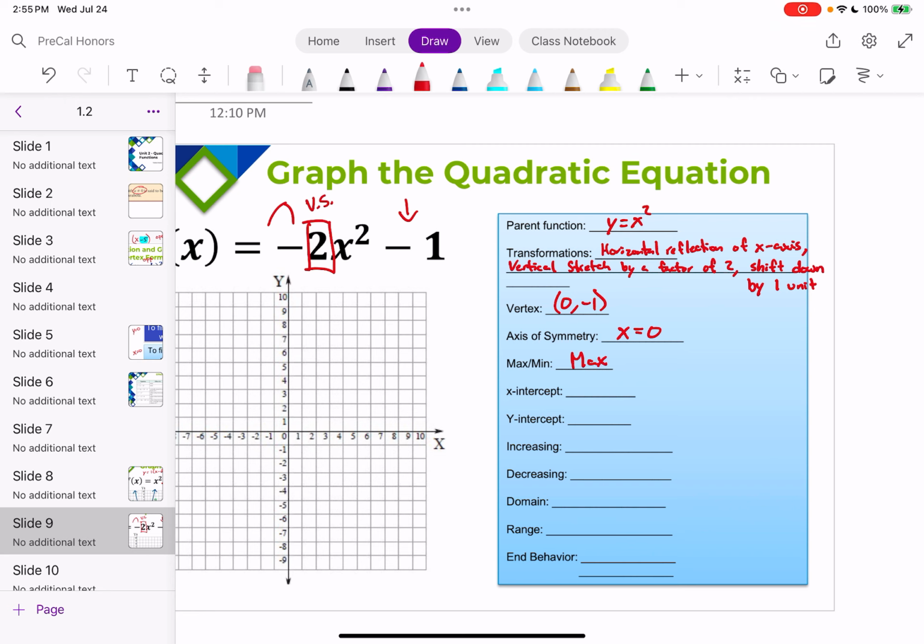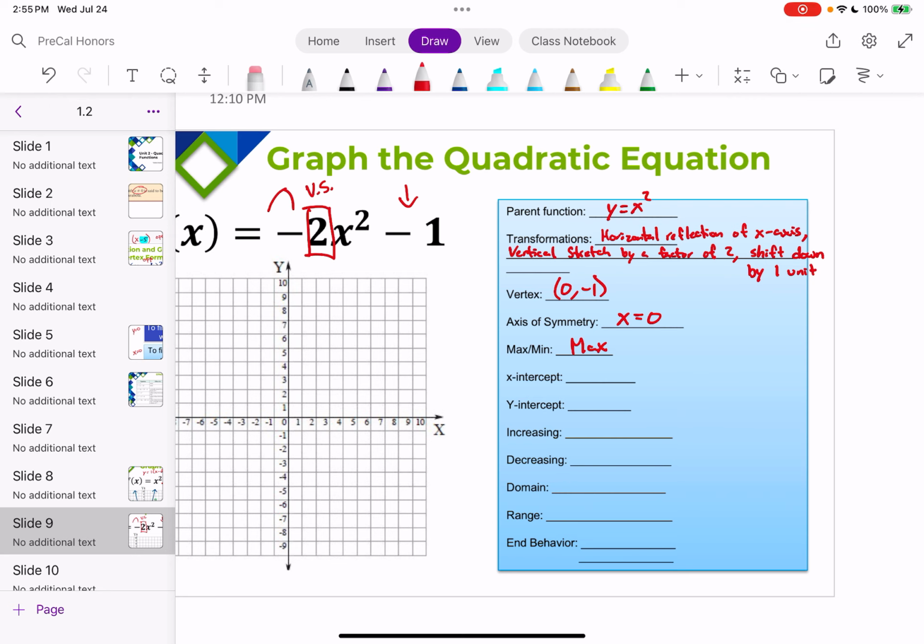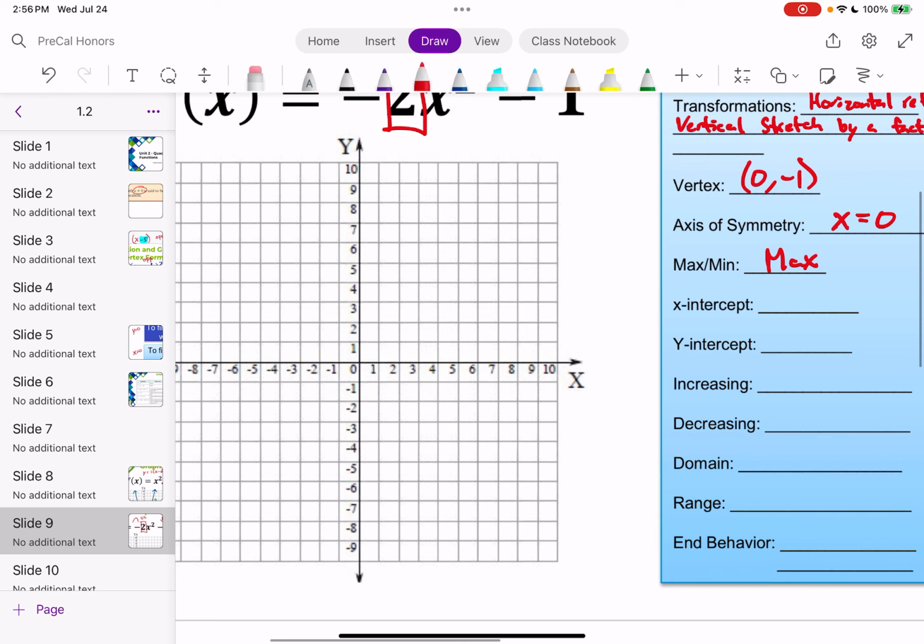We need to go ahead and figure our x-intercept. So, let's start off with this. We know that our vertex is going to be at 0, -1. And we know that this parabola is going to face downward.